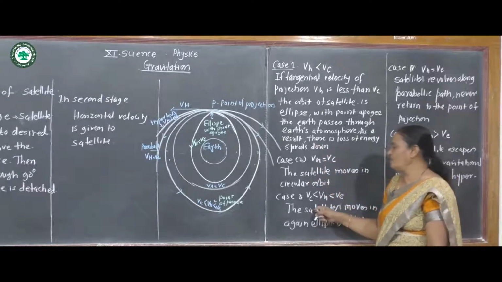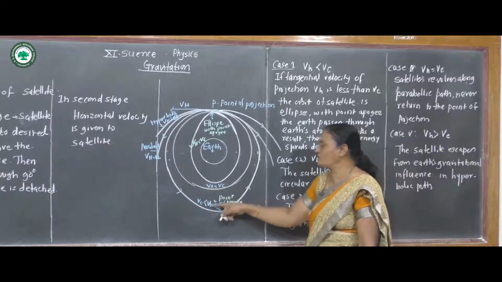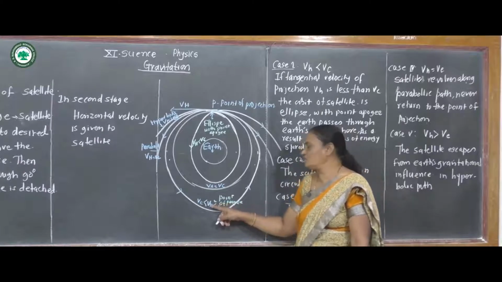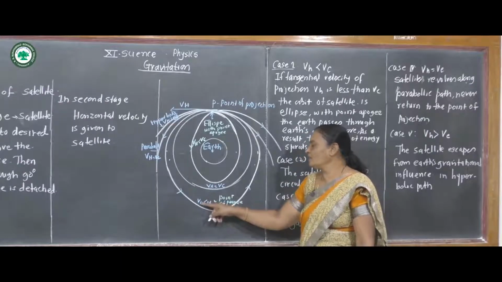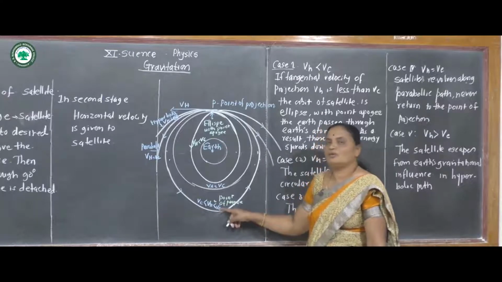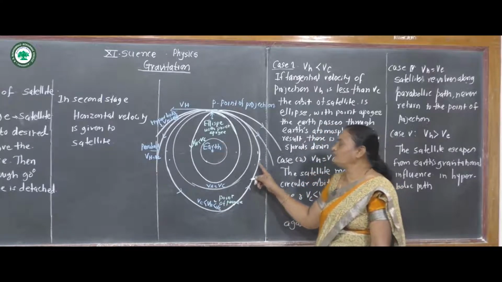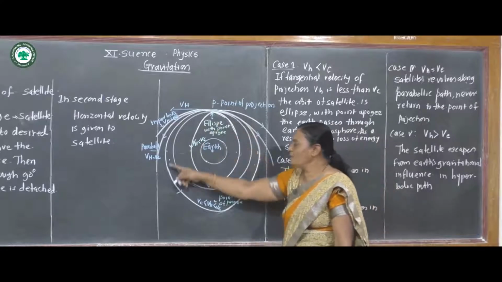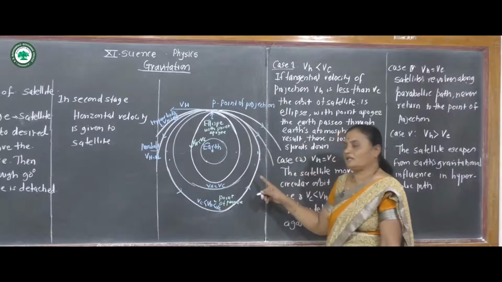In the third case, the horizontal velocity is greater than critical velocity but less than escape velocity. What happens? Then the satellite revolves in an elliptical orbit again.